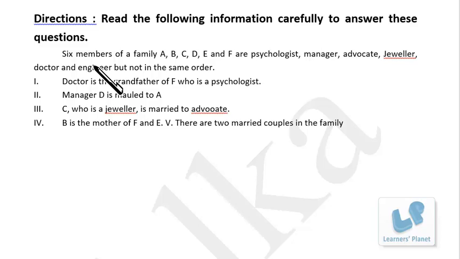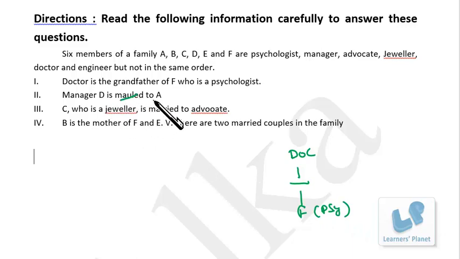Six members of a family, A, B, C, D, E and F, are psychologists. This doctor is the grandfather of F, who is a psychologist. Okay, so here doctor, then this generation, then next generation, that is F, and he is a psychologist.